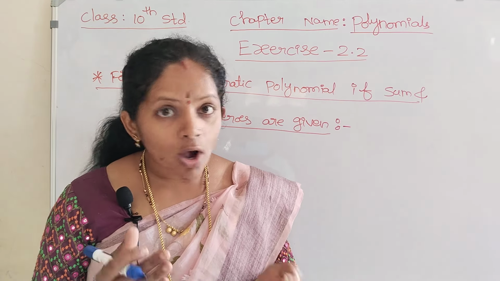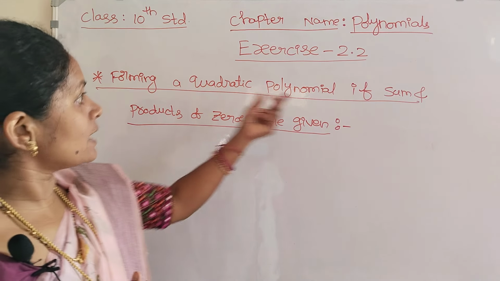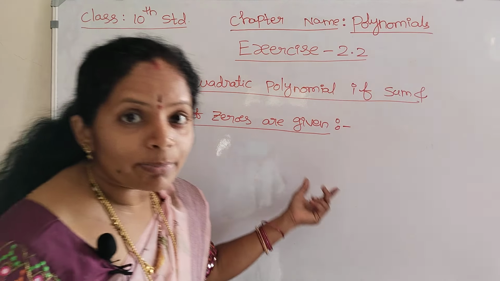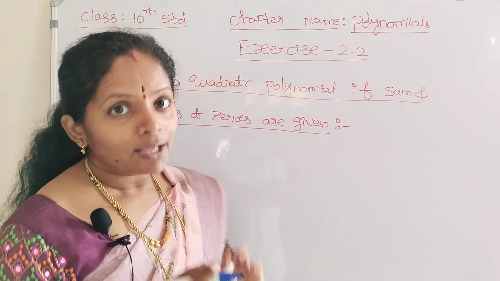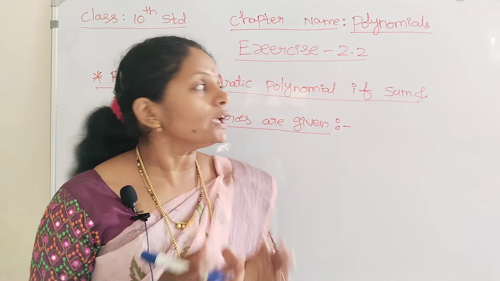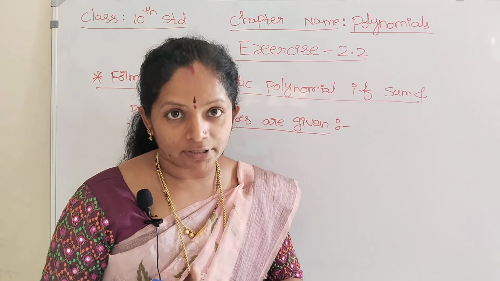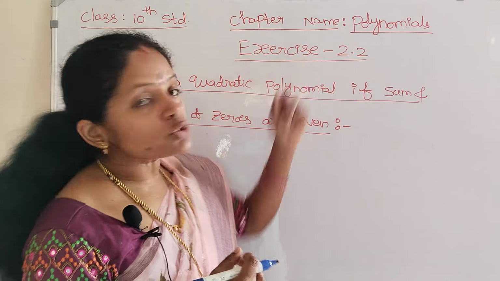Sometimes the sum and product of the zeros will be given and you are asked to form a quadratic polynomial. To form the quadratic polynomial, we can do this by two methods. The first method I will tell you while solving 2.2.